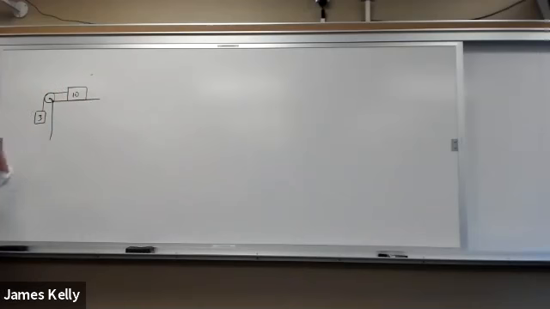Let it go. How fast does it accelerate? We could even throw a kinematics problem on the back, but let's just figure out what the acceleration is. Or better yet, let's figure out exactly what they asked for in the previous one. The tension. What's the tension there? If this is a massless, frictionless pulley, of course, it's the same tension up there, as we talked about. That's something you can always count on.